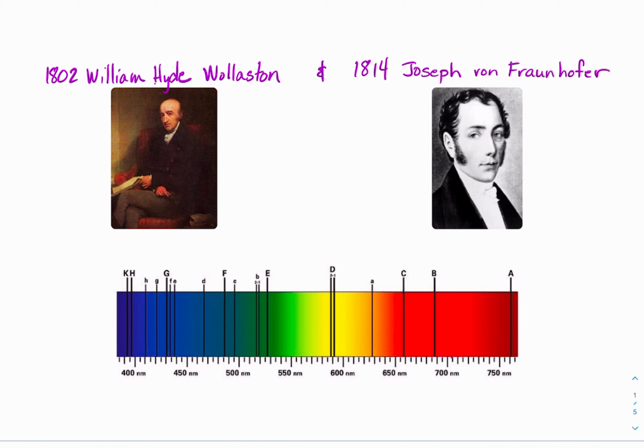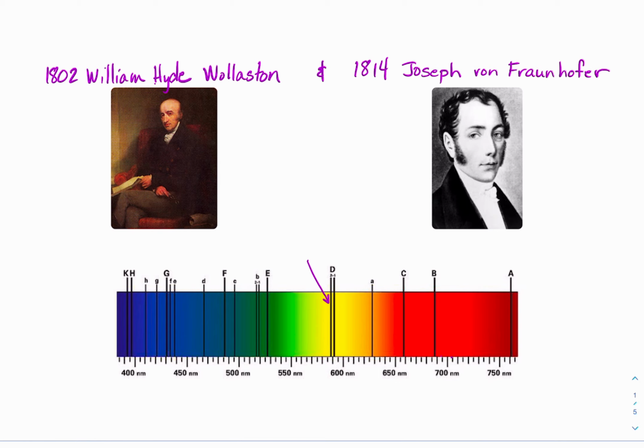It turns out that William Hyde Wollaston noticed that there were actually sections within the spectrum that did not show any colored wavelength. In fact, they were like black lines. And this was when he was taking sunlight.